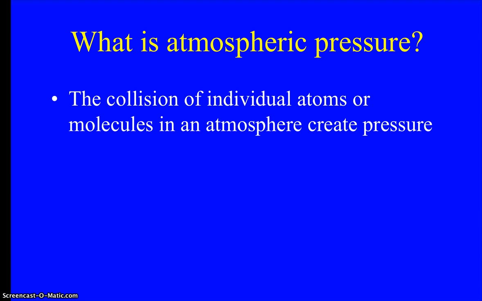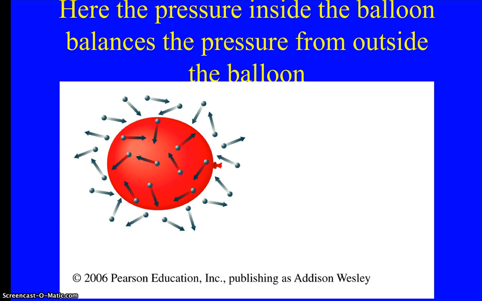But basically, it's also caused by the atoms and molecules constantly moving and running into each other, and as they run into each other, they're creating this pressure. So here is an illustration. If you have a balloon, of course it's full of air molecules, but the balloon is being held up by the pressure of the gas molecules inside of that balloon.